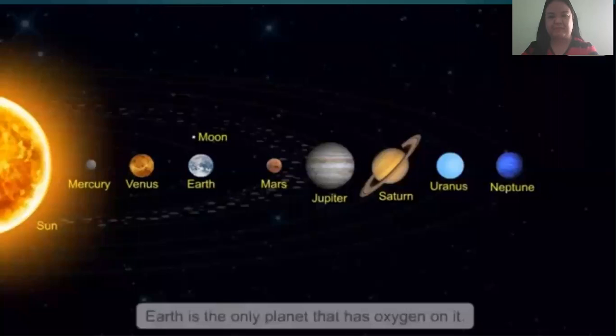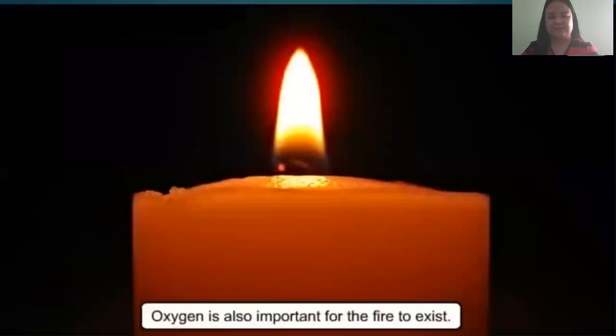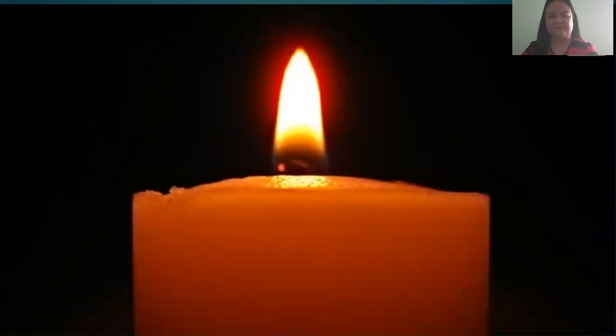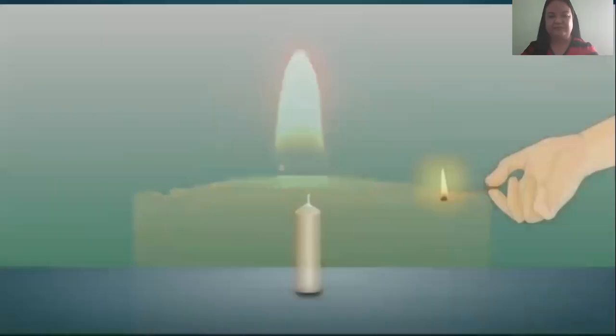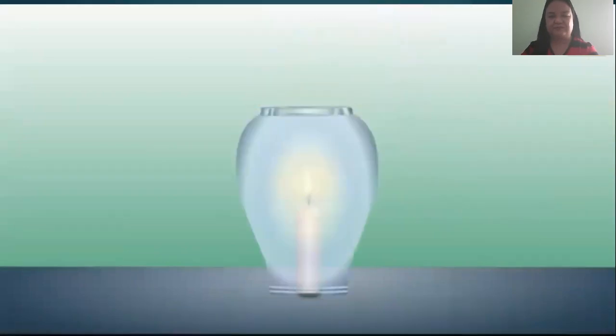Did you know Earth is the only planet in our solar system that has oxygen on it? Oxygen is also important for the fire to exist. Let us see that by an activity. Light a candle and cover it with a glass. Observe it for some time. What will happen?